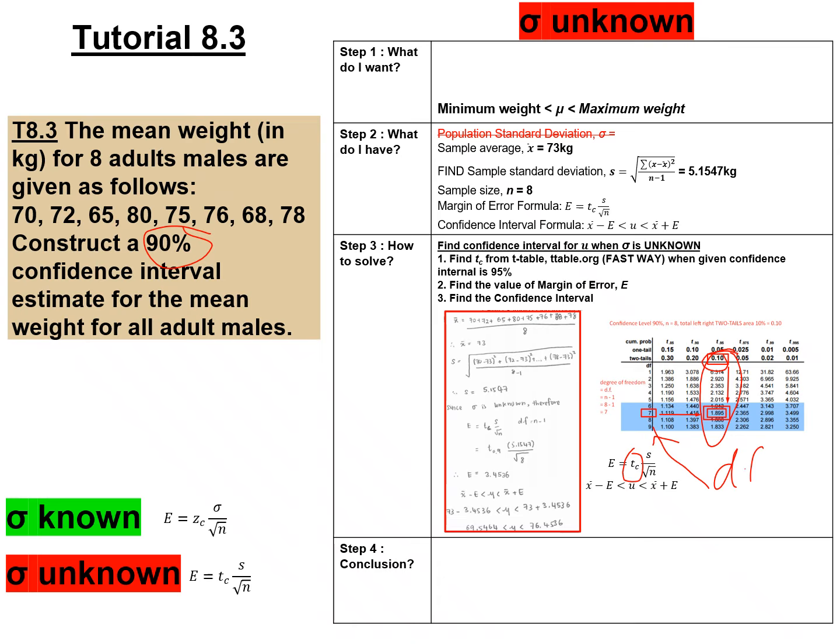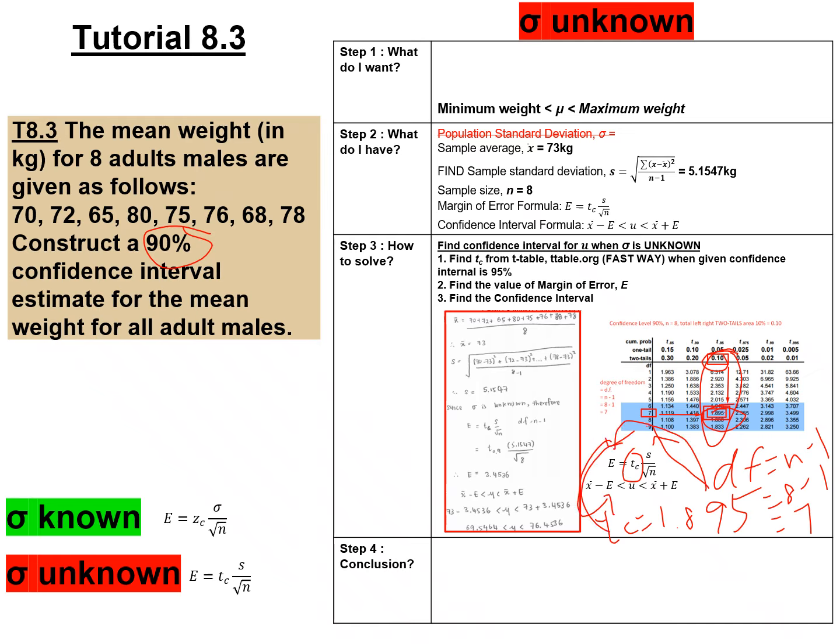Degrees of freedom equals n minus 1, which equals 8 minus 1, which equals 7. So it matches with the 7. The TC equals 1.895.